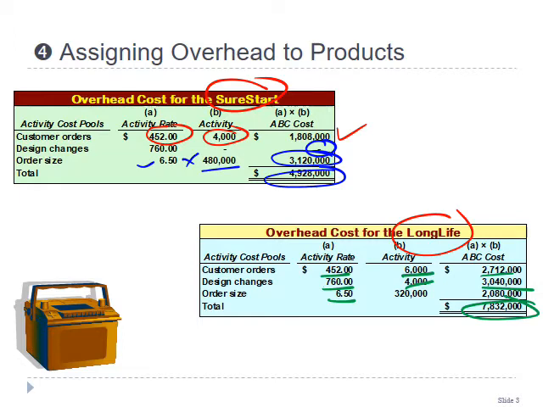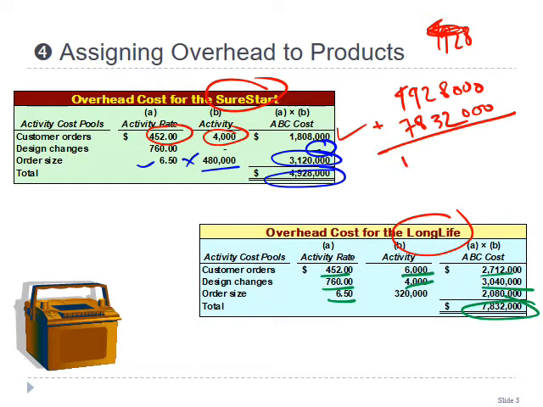Did you notice that if you add 4,928,000 plus 7,832,000, this would be 12,760,000?